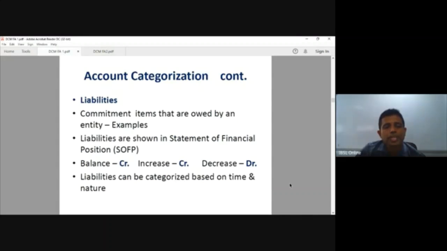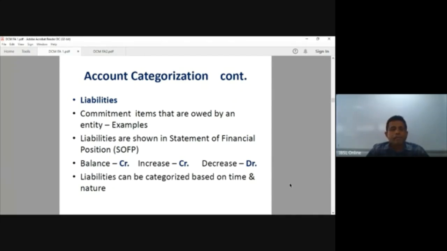Then the second category is liability. Under liability, it's very easy to understand the concept. Normally, liabilities are commitments. When you commit something, you have to repay that thing, right?